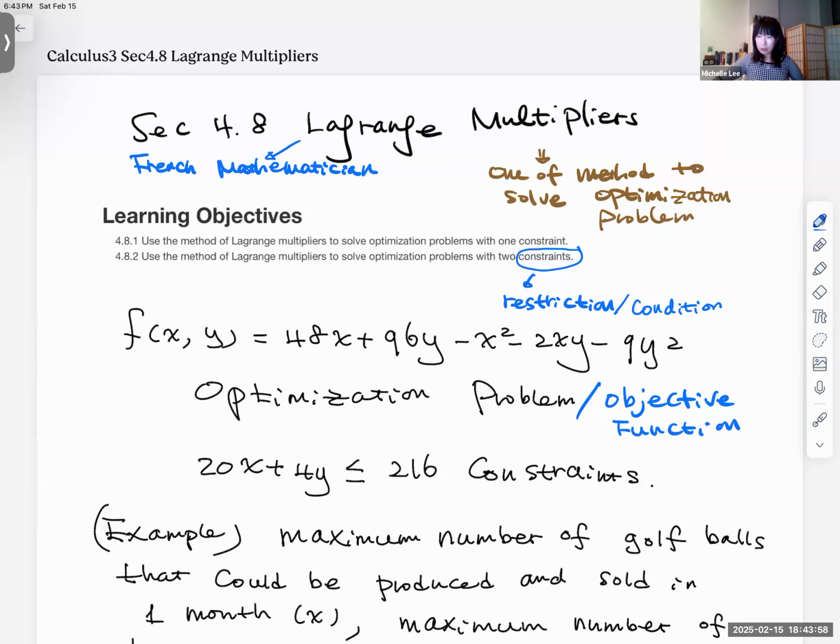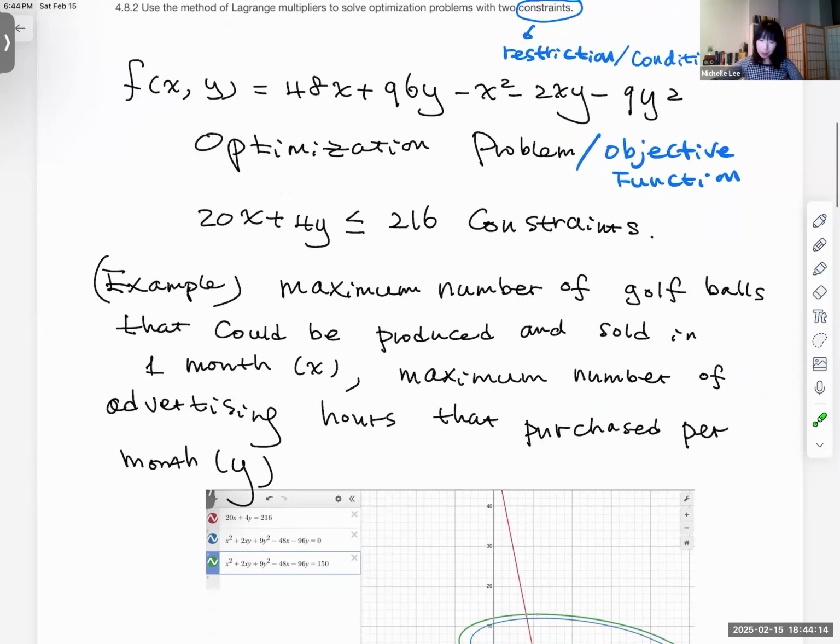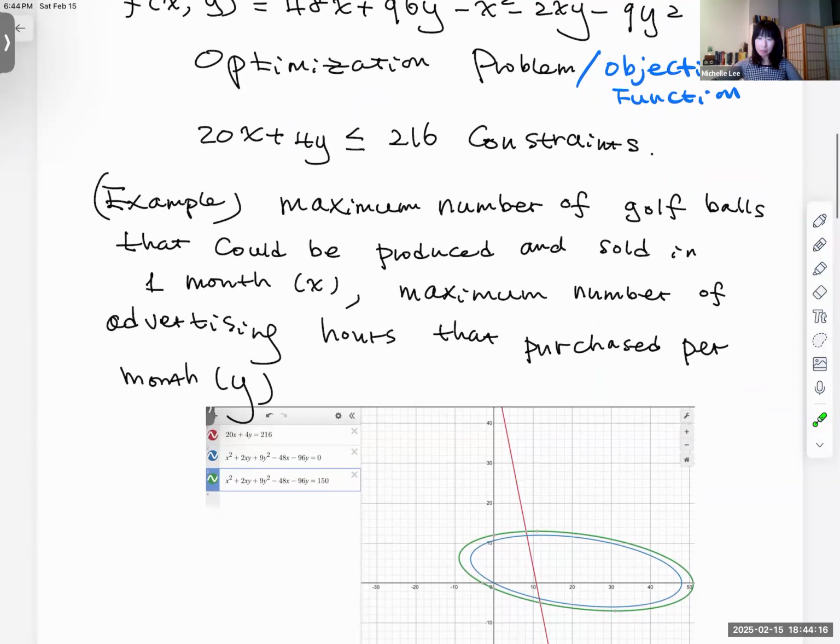Then we have another function, an equation, right? So we call this the constraint function.